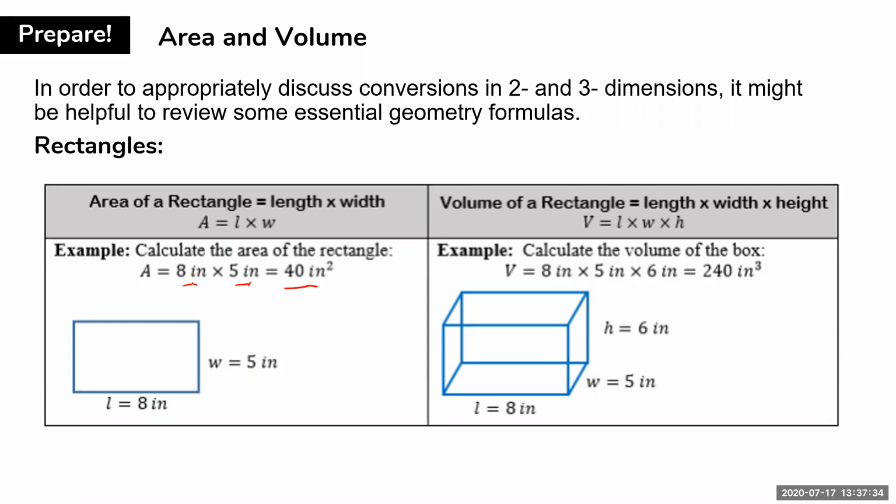Is that okay? So here, this is 3-dimensional, right? So we had to do 8 inches times 5 inches times 6 inches, the length times the width times the height. All right, and now this inch times inch times inch will be what? Inch cubed. So therefore we have 240 inch cubed. Is that okay? Nice.